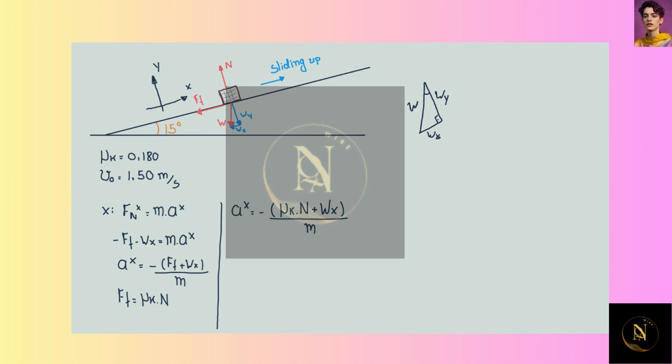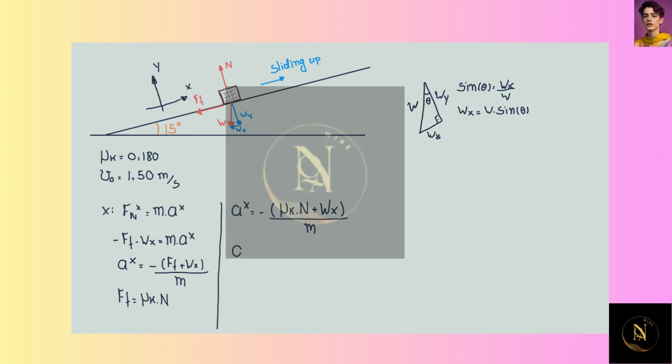Let us use this angle as theta. Then, by calculating the sine of theta, we can determine the relation between the x component and the magnitude of the weight force, because the sine of theta is given by the opposite side, Wx, divided by the hypotenuse. Then, Wx is equal to W times the sine of theta.